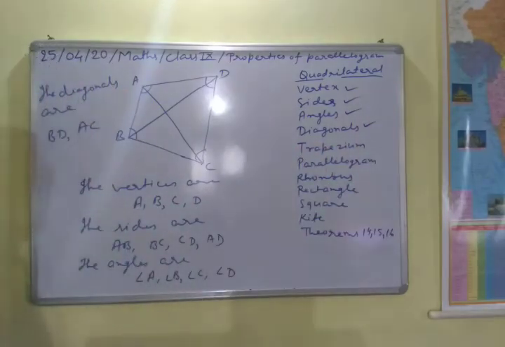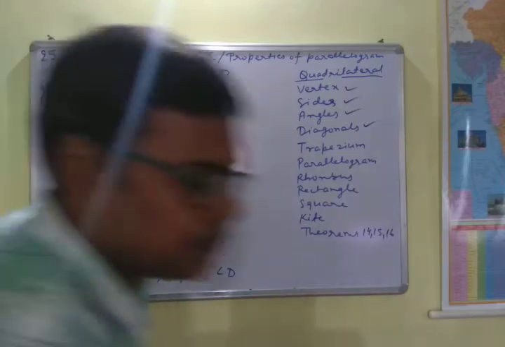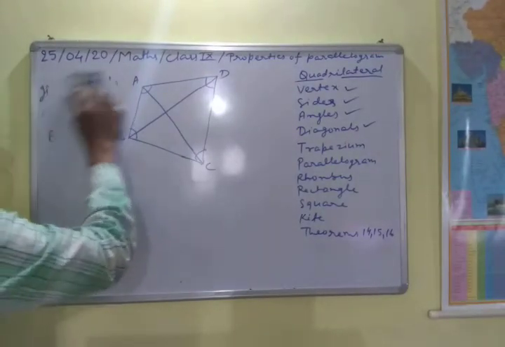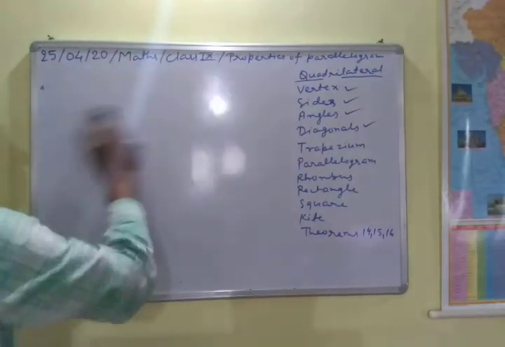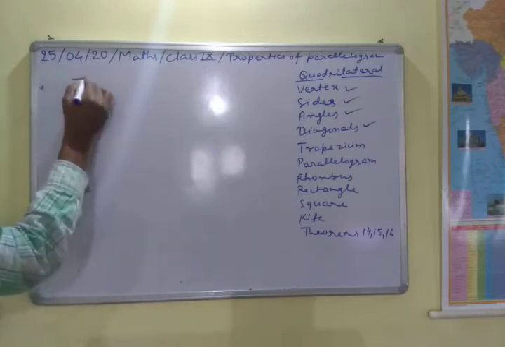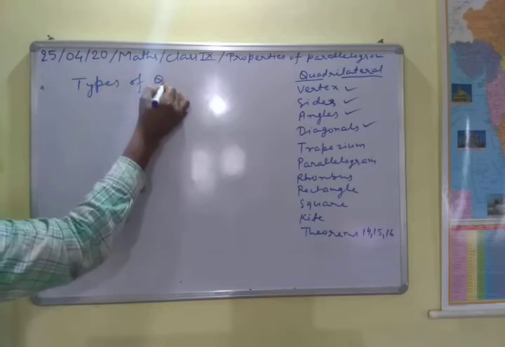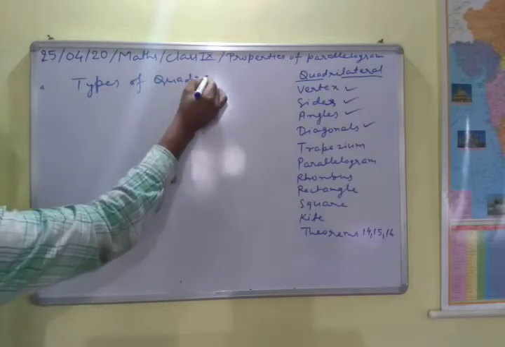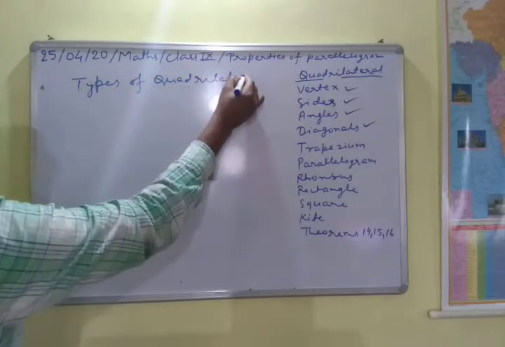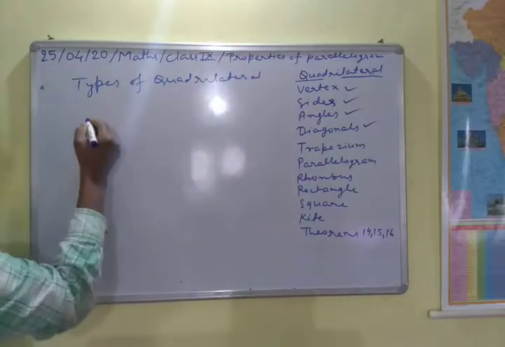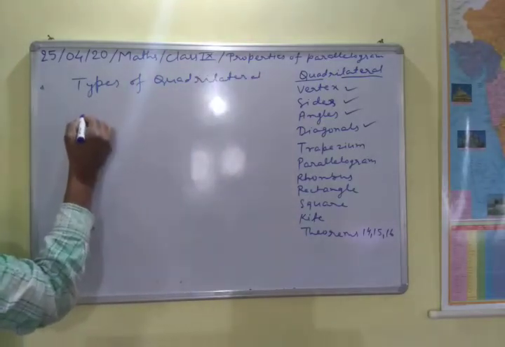Now we will discuss the types of quadrilateral. So the types of quadrilaterals. In this quadrilateral you have the one is the trapezium.